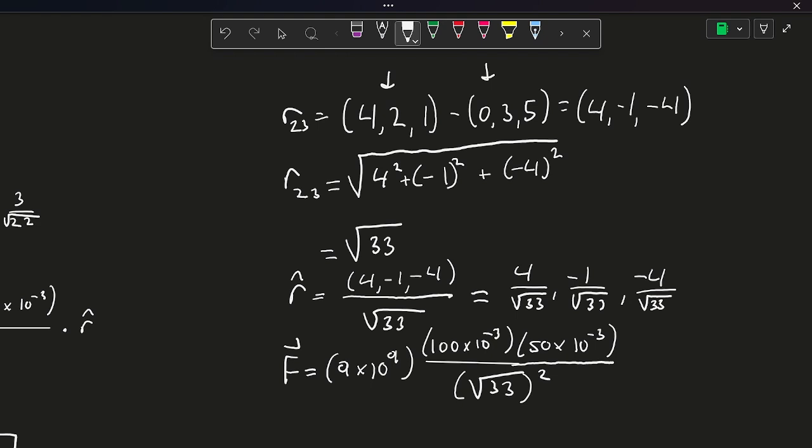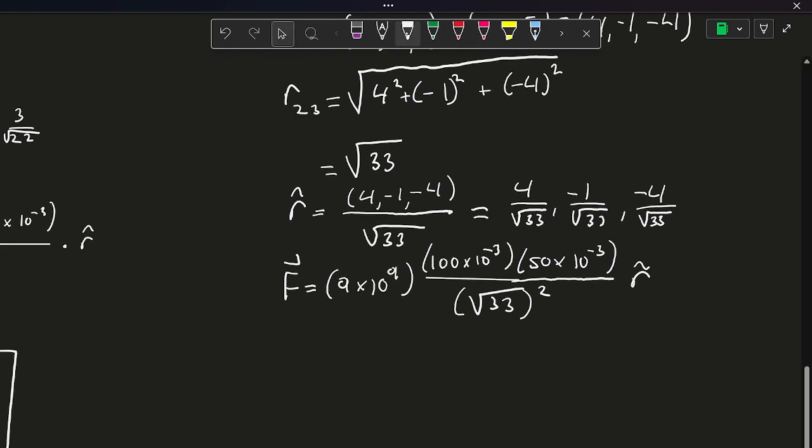And you'll notice that this is a square root squared, so this bottom part is just going to be equal to 33, multiplied by our r hat. So what this F is going to get us is a magnitude of 1.36 times 10 to the 6th newtons.